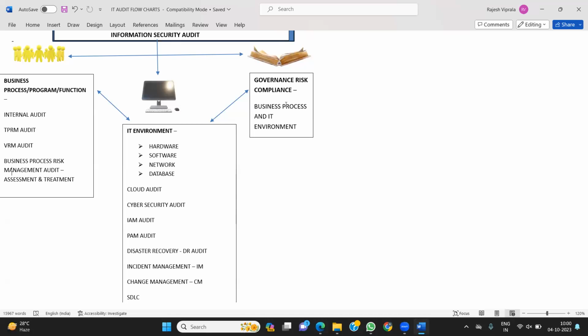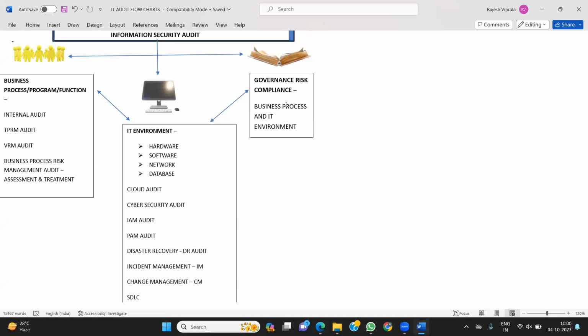So I have mentioned clearly in the initial class that no matter what type of audit you are going to do, these three domains will be interconnected. What it means is, if you are doing IT audit, for that you should know what is the business process and you should know what are the laws and regulations, that is something with regard to the governance domain.